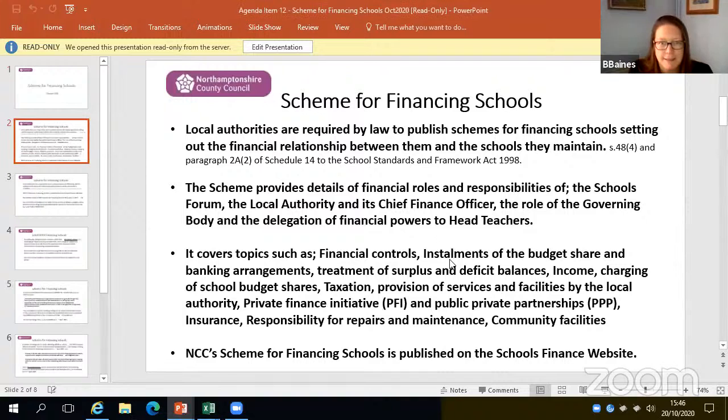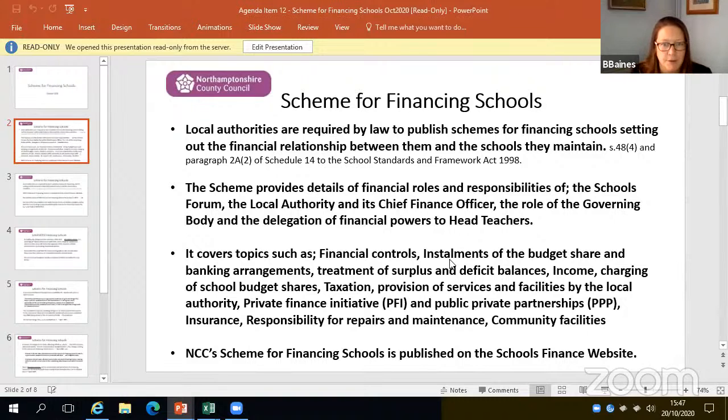The local authorities are required by law to publish schemes for financing schools, which sets out the financial relationship between them and the schools they maintain. The scheme provides details of the financial roles and responsibilities of the Schools Forum, the local authority, and its chief finance officer, the role of the governing body and the delegation of financial powers to head teachers.